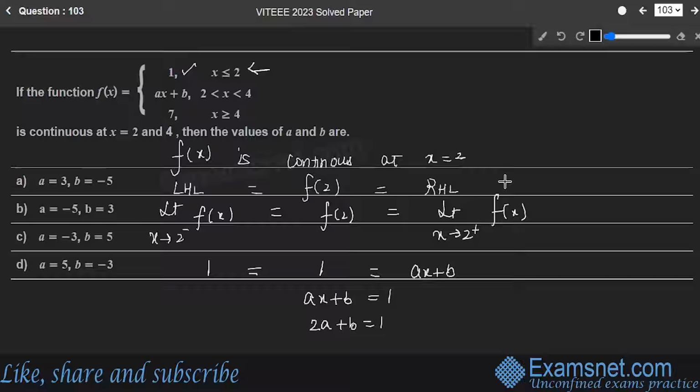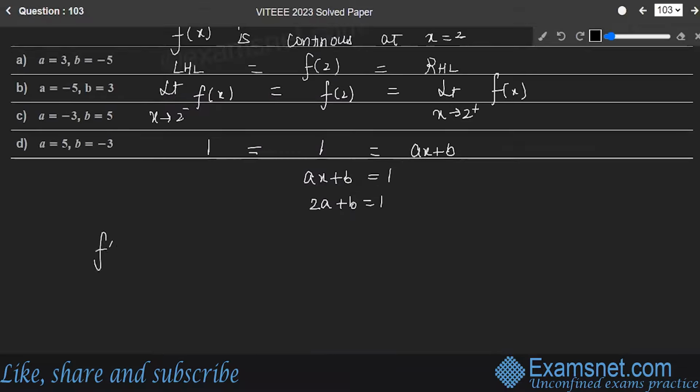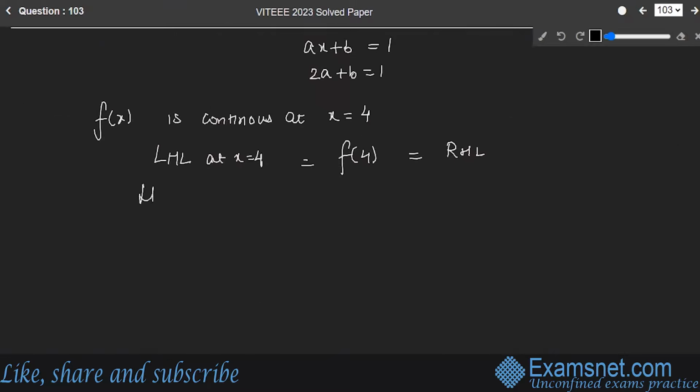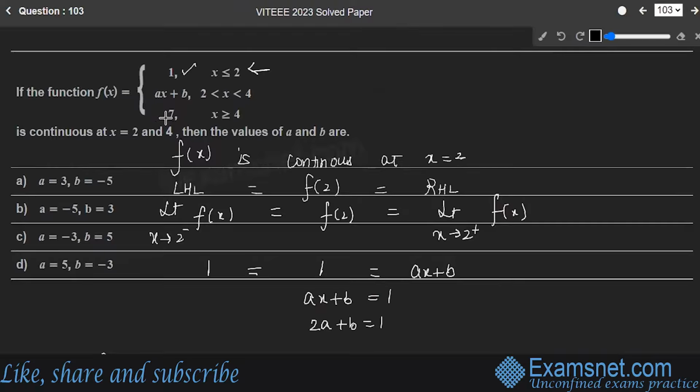Okay. Fine. Now you are given f(x) is continuous at x is equal to 4, which means the left hand limit at x is equal to 4 is equal to f of 4, which is equal to the right hand limit. Limit x approaching 4 minus f(x) is equal to, see, for f of 4, when x is equal to 4, the value is equal to 7, and for 4 plus also this is 7.